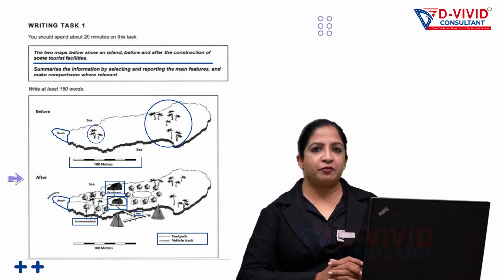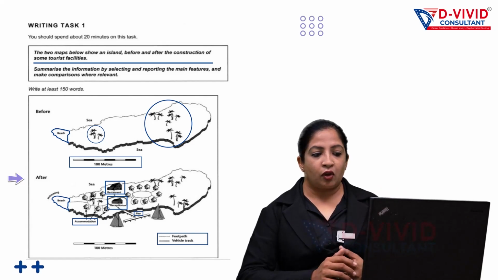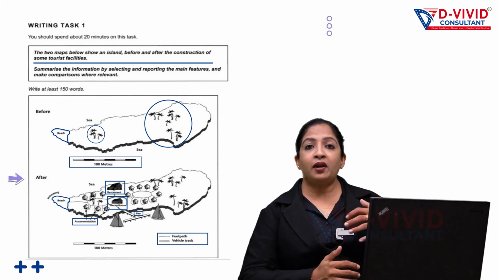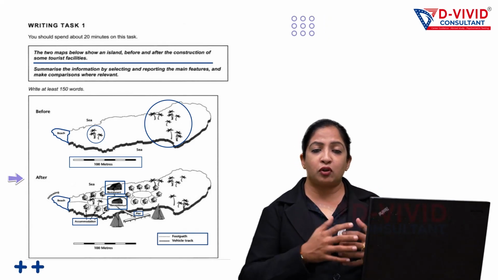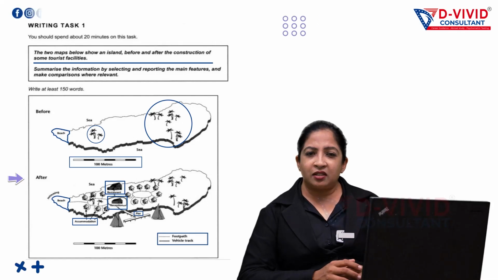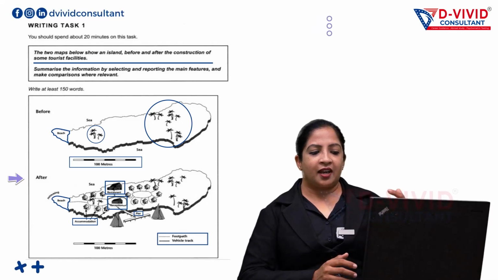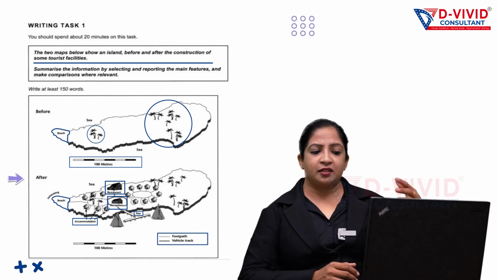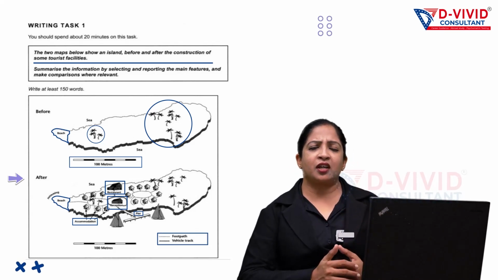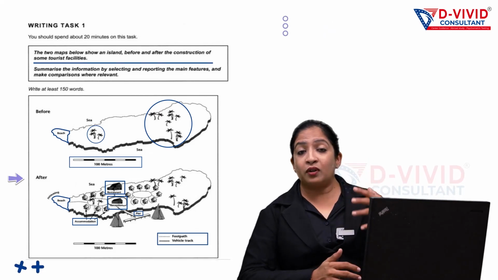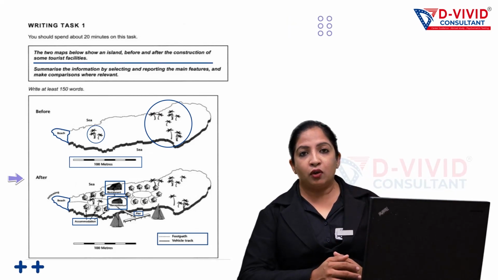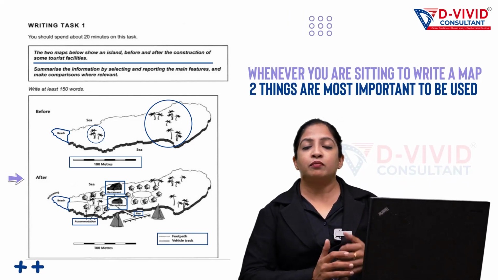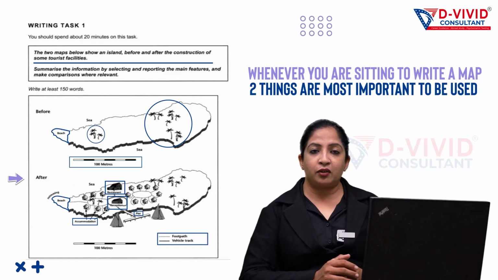Now if I have to talk about the restaurant or the accommodation area, or the pier, what kind of words am I supposed to use? Is it okay if I say that it is just next to it, just in front of, it is behind? Should I use only such kind of simple words? No friends, whenever you are sitting to write a map, two things are most important to be used.